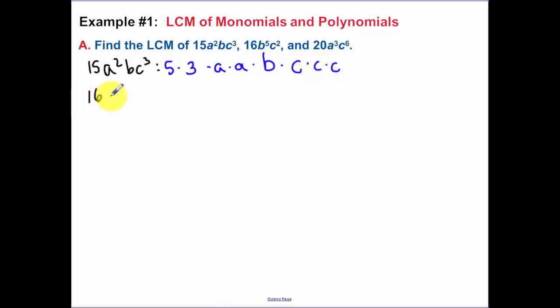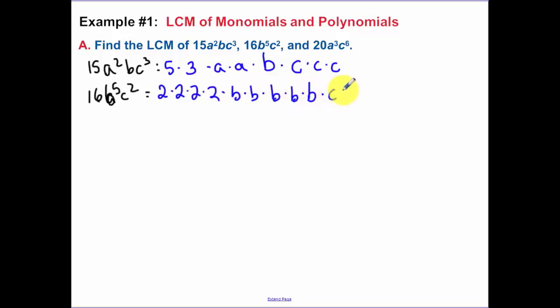When we're looking at 16b to the 5th, c squared. Well, 16 is 2 to the 4th power. And then I have b 5 times.